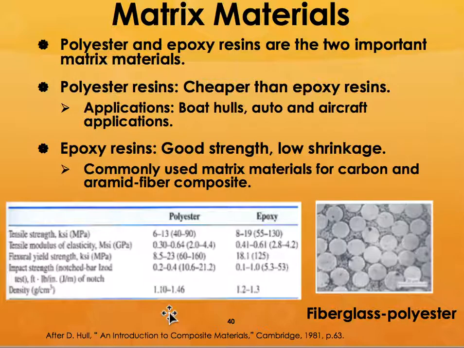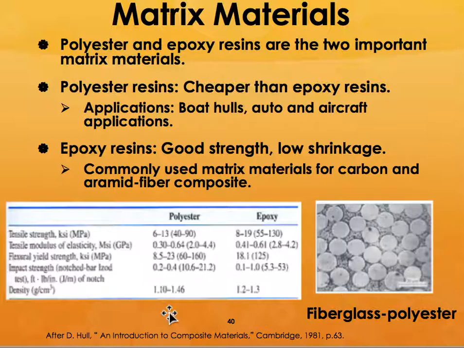Polyester resins are obviously cheaper than epoxy resins, so you see them being used in many applications such as boats and auto and aircraft applications. But epoxy resins are also good because they show good strength, low shrinkage, and also good matrix toughness. So they are commonly used as matrix materials for carbon and aramid fiber composites.